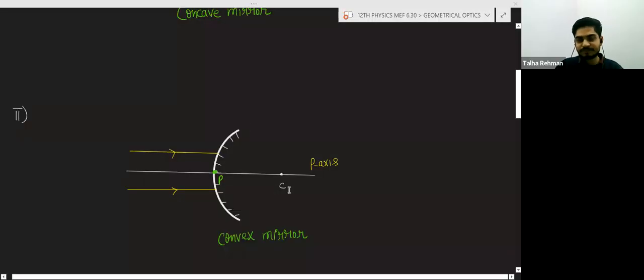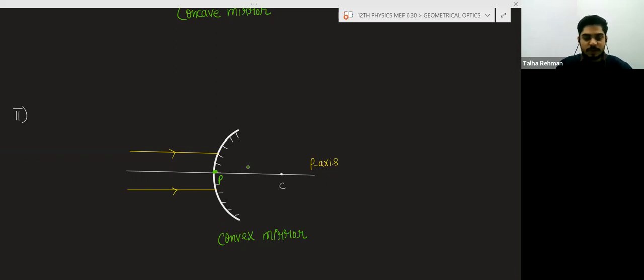It is better to say the image is forming in the mirror, because behind the mirror there is no image, but in the mirror I am able to see the image. Here the center of curvature is the center of this mirror, but we will talk about that for the focus.